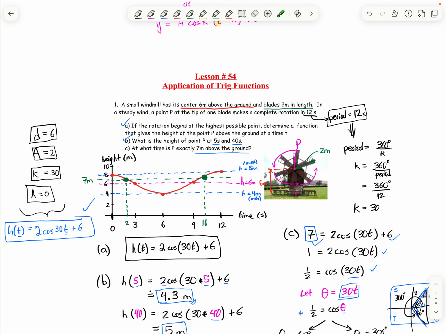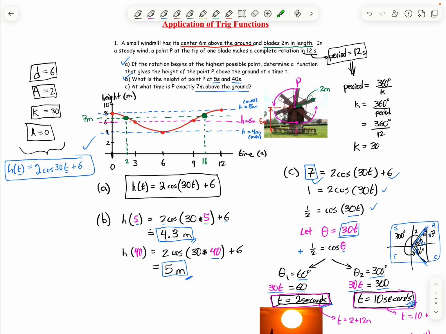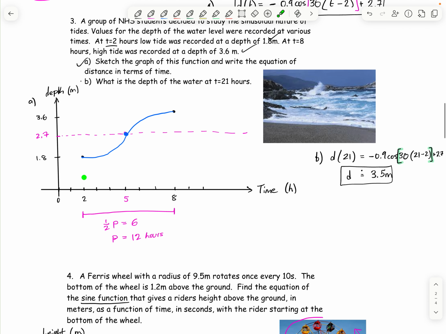Finally, we chose sine or cosine based on the starting position, or the requirement of the question. If the object starts at a maximum, like here, we used a positive cosine. If it starts at a minimum, like over here, we used a negative cosine.